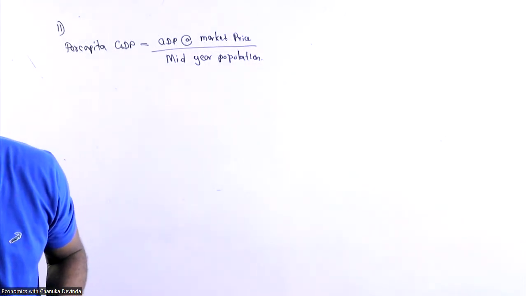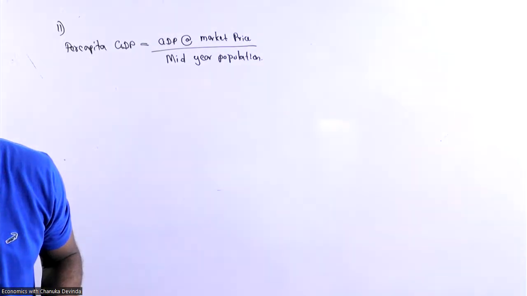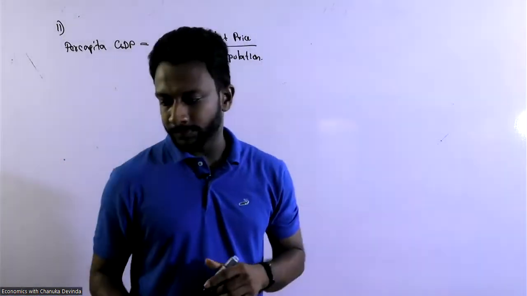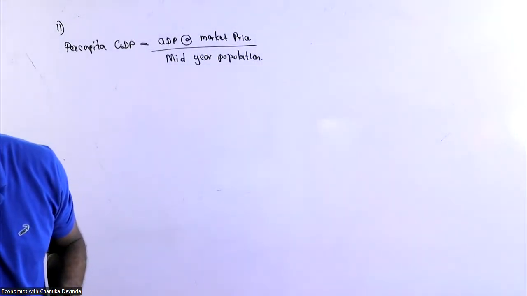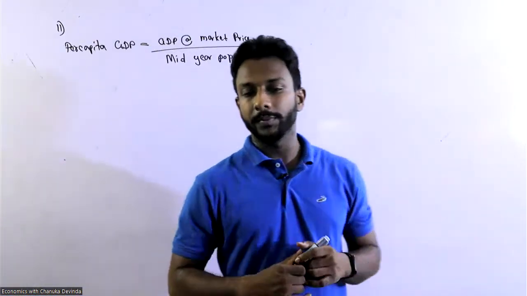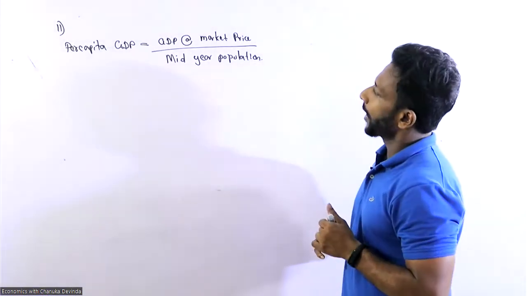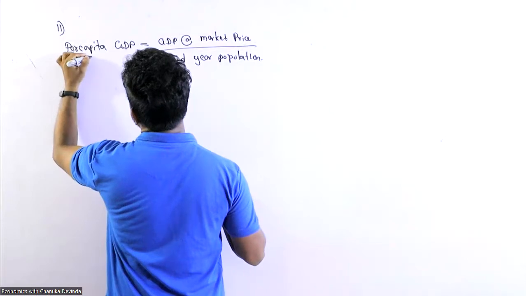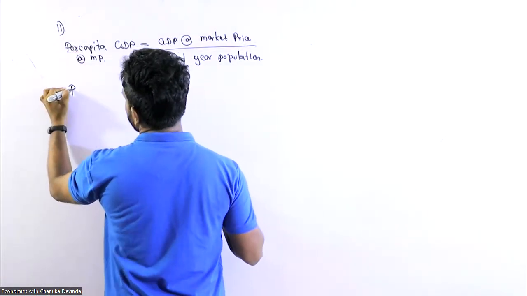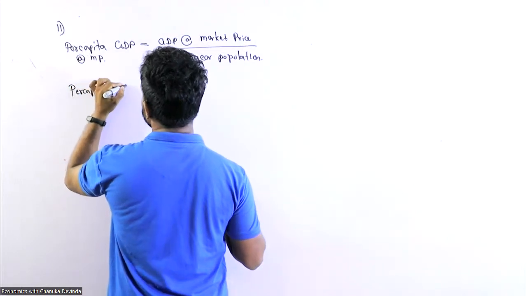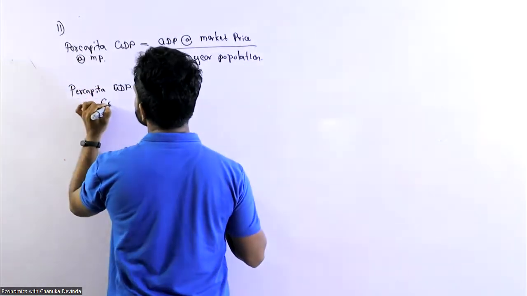In the below part, you have to write down per capita GDP at market price, and per capita GDP at constant price.